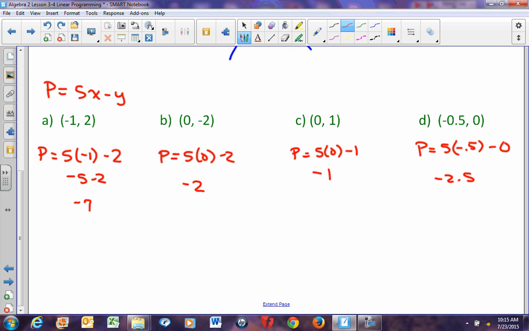So if I look at this, I can clearly see that the smallest value is right here. So the point that minimizes p for the objective function is negative 1, 2. Okay, so letter A is the point that minimizes p for the objective function.